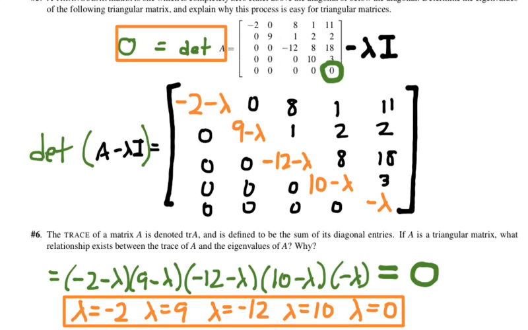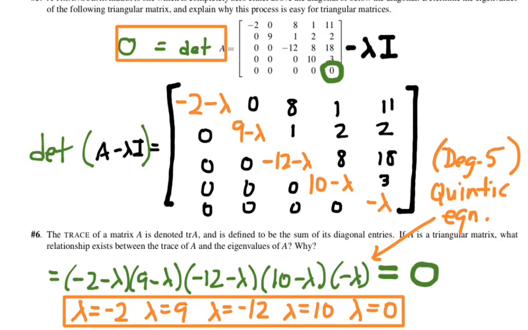If we were to multiply out this polynomial, what degree would it have? 5th degree. So it's a quintic equation. And that's generally true for any n by n matrix.